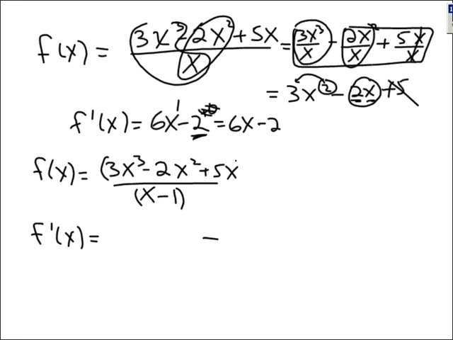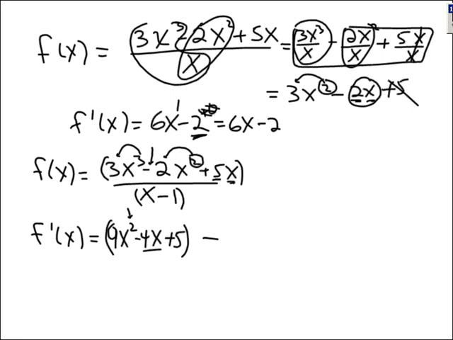It's the derivative of the top, which is 9x squared minus 4x plus 5. 3 times 3 is 9. Make the new power 1 less, which is 2. 9x squared. Minus 2 times 2 is 4. Make the new power 1 less, which is 1. 4x to the 1, or 4x. The derivative of a constant times x is the constant.